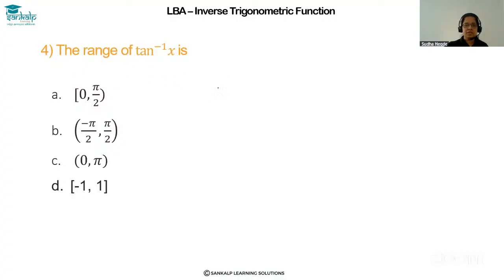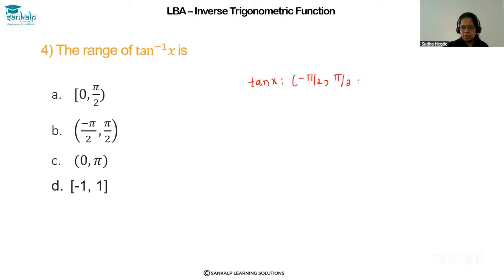Hi students. The question is the range of tan inverse x. So the range of tan inverse x you need to find. Tan x is defined from open interval minus pi by 2 to pi by 2.